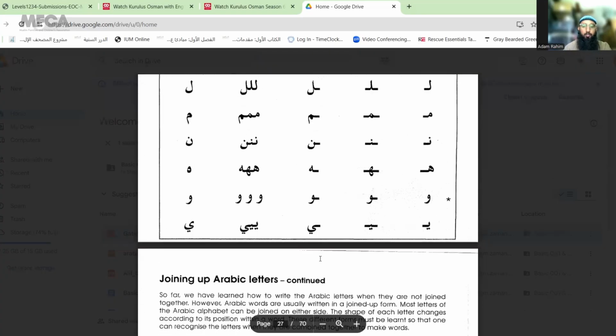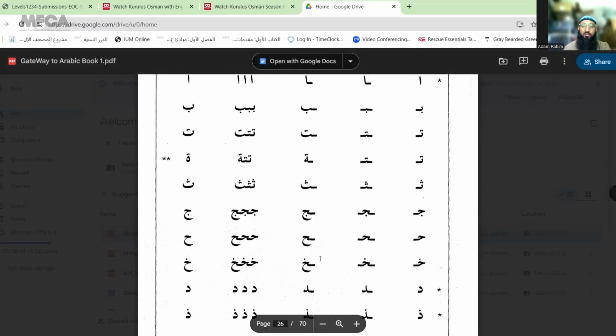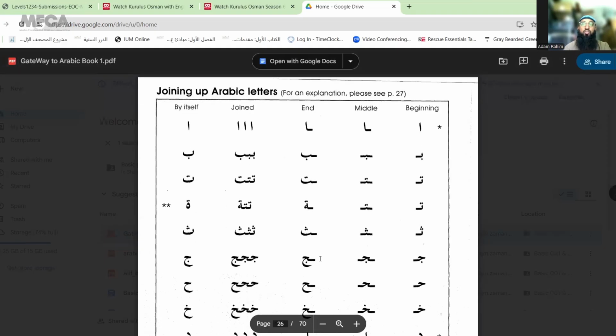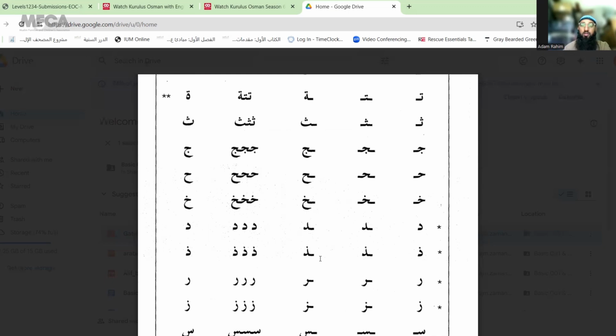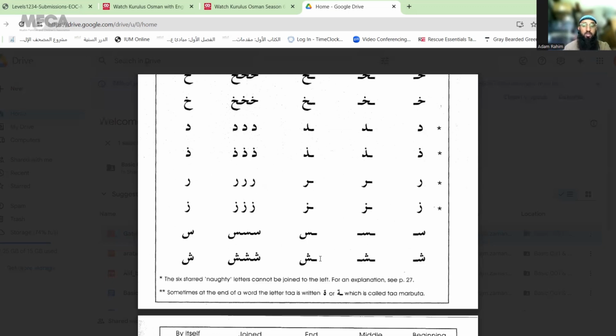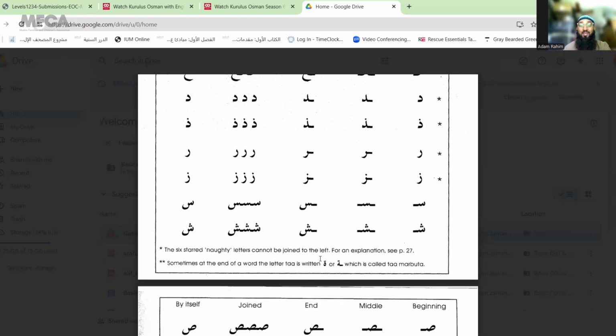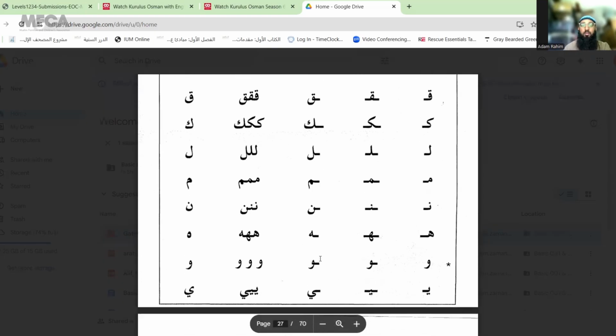And remember, the letters that have asterisks next to them do not join to anything that comes after them, to the left of them. They can connect to what comes before them, to the right of them, but they do not connect to anything that comes after them.